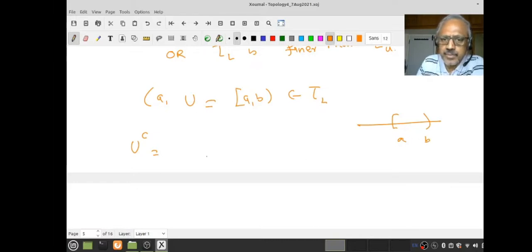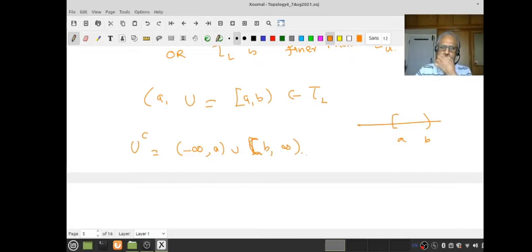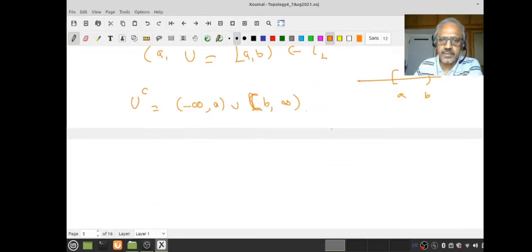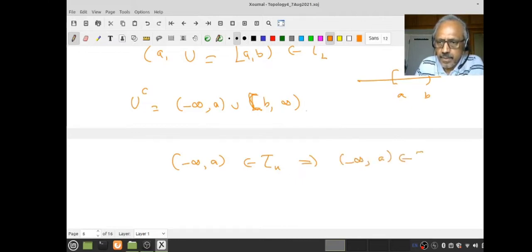Therefore, U complement is going to be minus infinity to a, union [b, infinity). Now, what do I know about minus infinity to a? This is an open set in the usual topology. That implies that it is already in the lower limit topology.